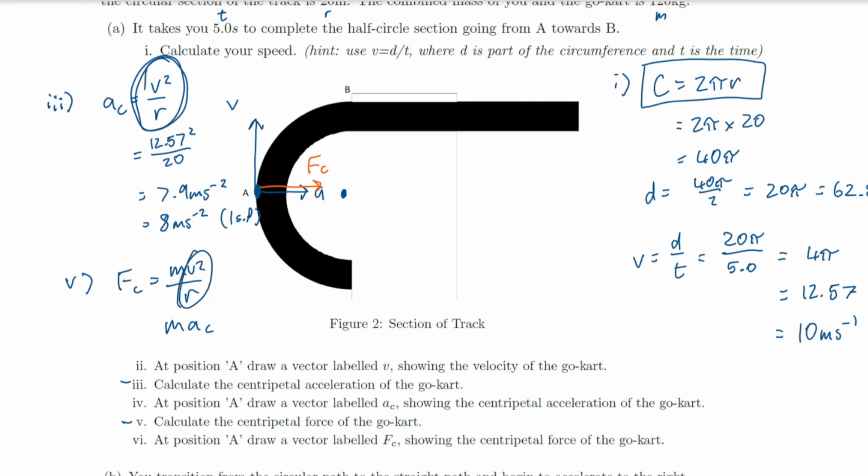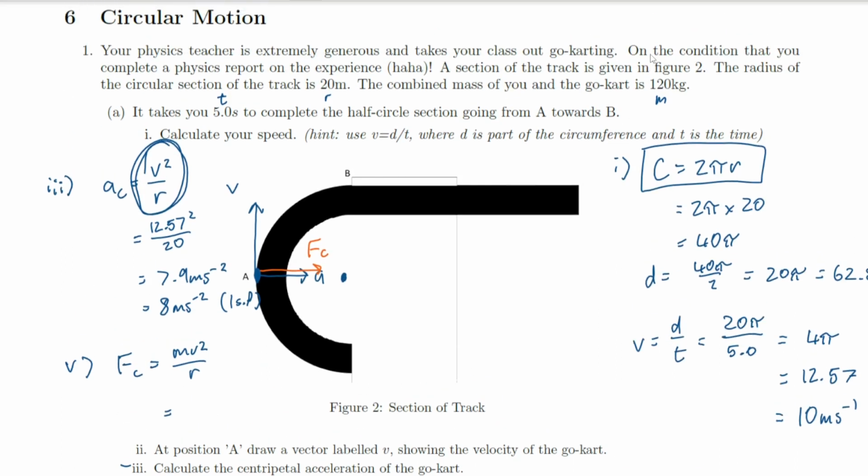Right, so we see that acceleration appears there, and then mass. Of course, that's from Newton's second law. F net is mass times acceleration. So to work it out, all we need to do is write out the formula, but acknowledge that v squared over r is 8, and then we multiply that by the mass of 120 kgs.